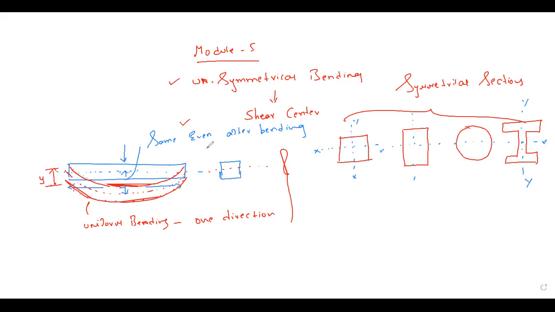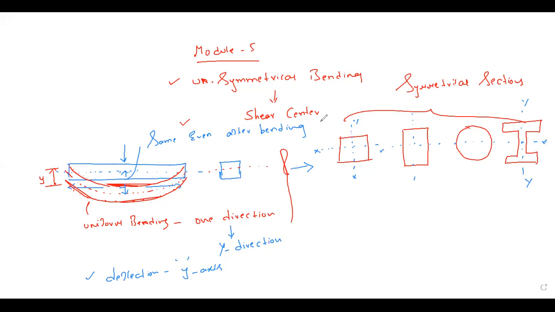It will bend in only one direction, and that direction is the y direction. That is the reason you calculate the deflection of the beam only in the y axis. That is how this bending is called pure bending, where bending takes place only in the y direction. This happens especially for all symmetrical sections.